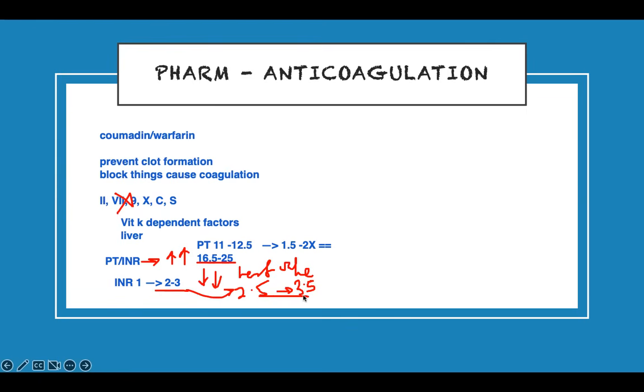So a patient who has a mechanical heart valve, just know it's mechanical heart valve, and their INR is lower than 2.5, you have to do something about it, otherwise they will form a clot. And so it's not good.